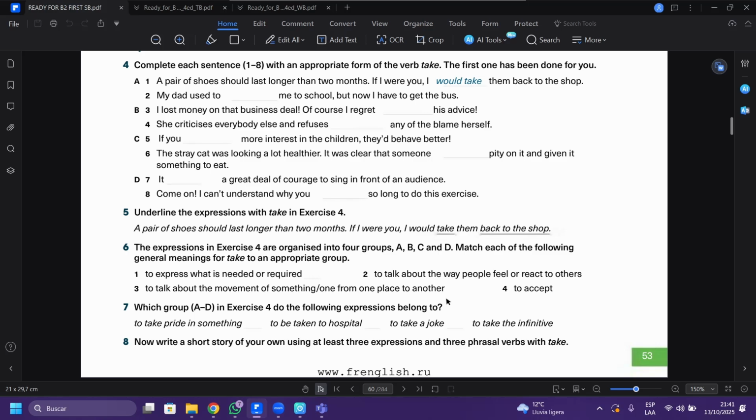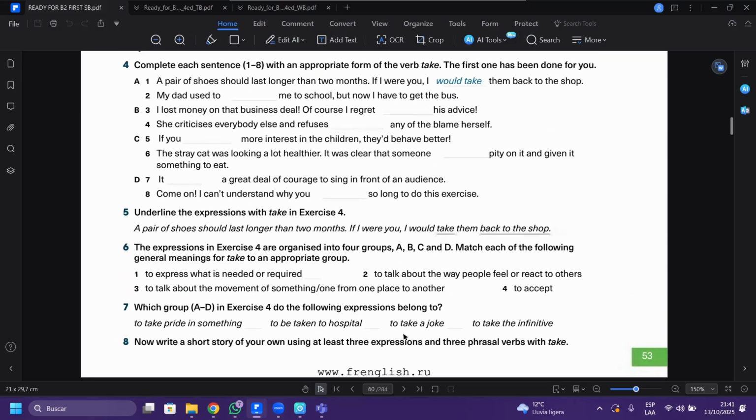Very easy. It's group A. To take the shoes back, and your dad takes you to school. That is. In number 4, to accept. Accept is letter B. All right.